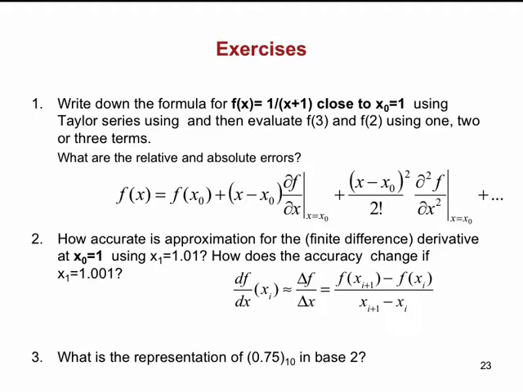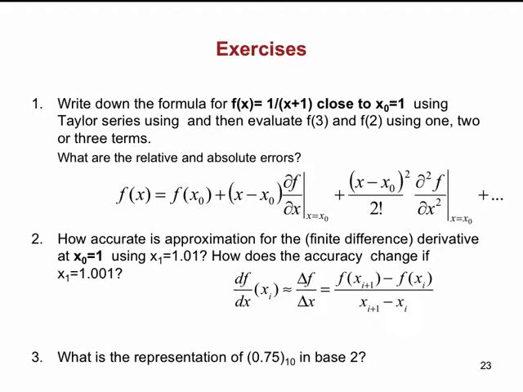What is my true value of function f at 2? 1 over 2 plus 1, yes? That's my actual function, 1 over x plus 1. So that is 1 over 3.